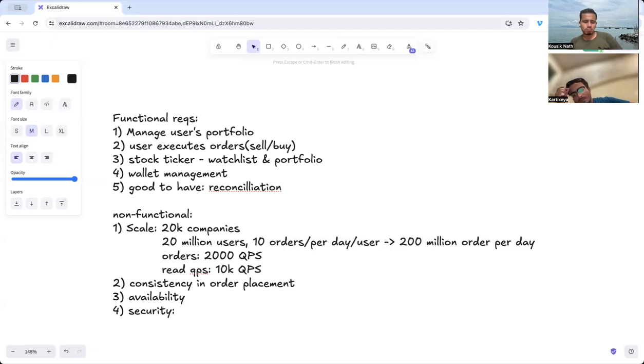So I think you need to have the wallet balance. That wallet is completely managed by the broker. So unless you put some money into that wallet, you won't be able to buy any stock at all. Is it possible that someone can manipulate their wallet?